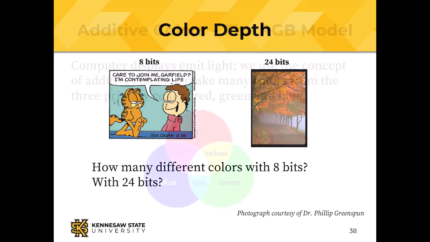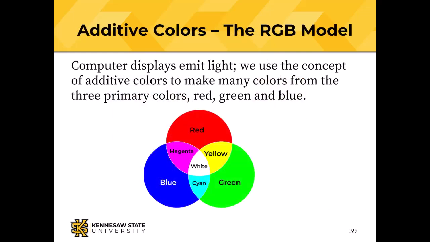How does that work? The RGB, red, green, blue color model uses additive colors. Computer displays emit light, and we can use the concept of additive colors, making many colors from the three primary colors, red, green, and blue.